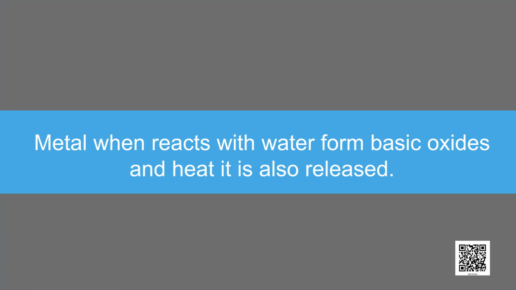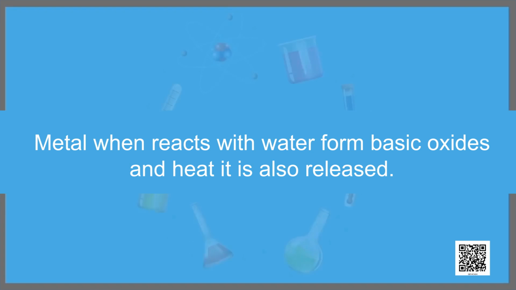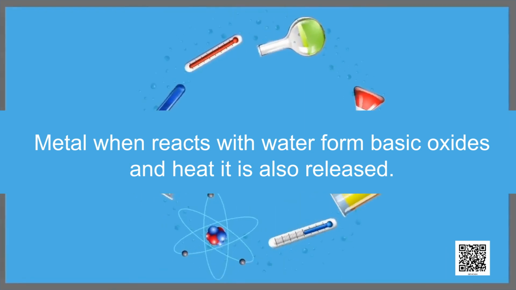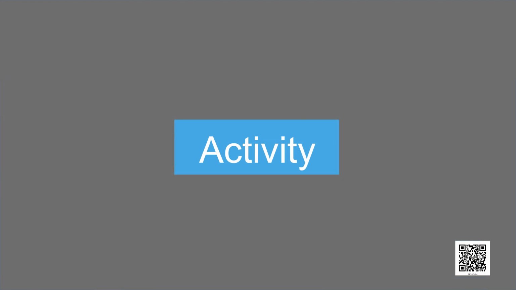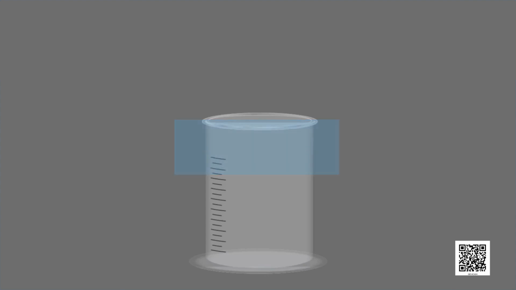Metals, when they react with water, form basic oxides and heat is also released. Let's understand it with the help of an activity. Take a beaker of 250 ml. Fill it half with cold water.